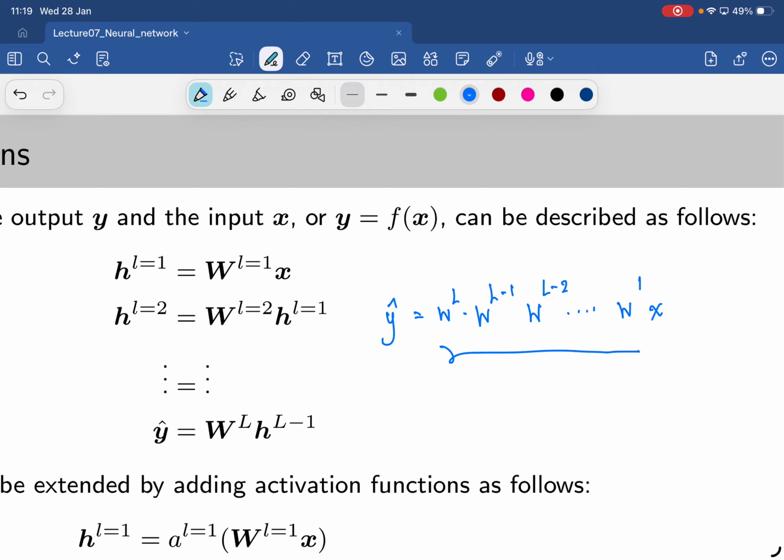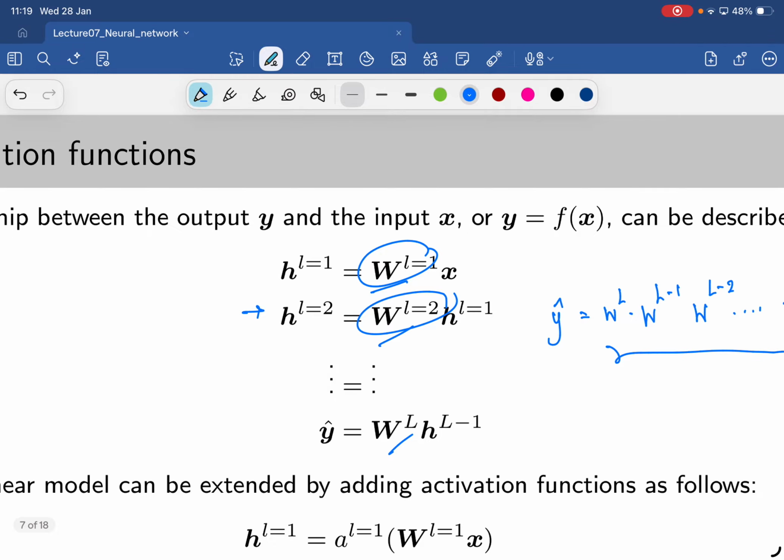And if you cast this problem using a neural network tool, you will see that you can separate each weight matrix W as a layer. The first one could be cast as a linear mapping layer 1. The second one is linear mapping layer 2, or you can call it a linear layer.